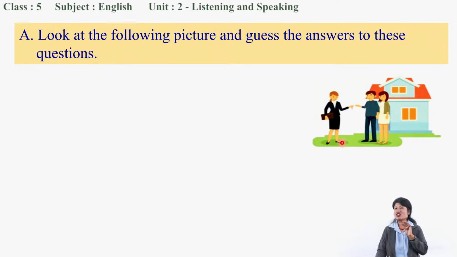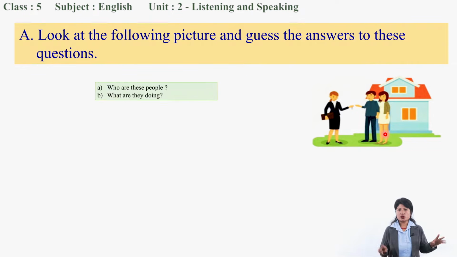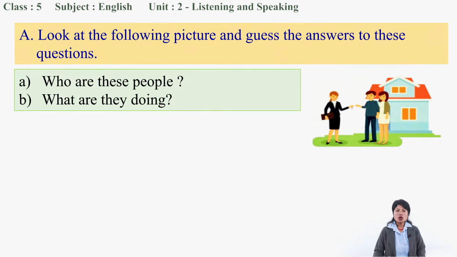We can see 3 people. And what else can we see? There's a beautiful small house, right? Small house, 3 people. So, what are the questions related to this picture? Let's see. Here are 2 questions. Who are these people? The first question is who are these people? Can you make a guess? Who are these people?